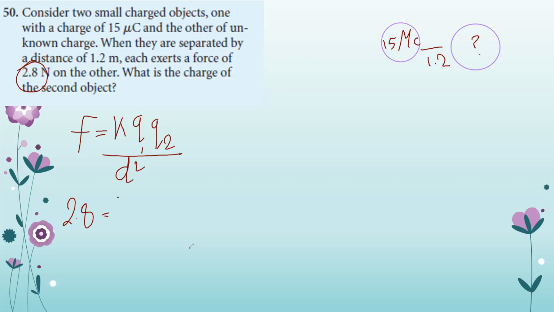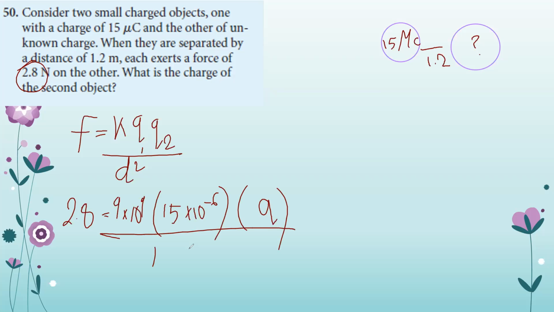Times Q1, which is 15 microcoulomb, so 10 to the power -6, times Q2, which is unknown, over the distance, which is 1.2 squared.